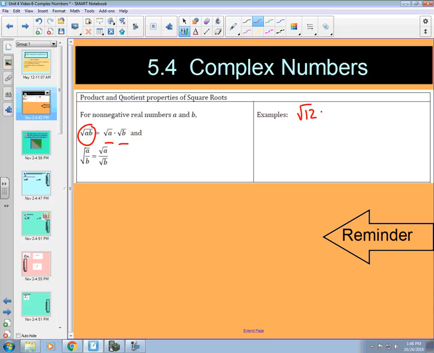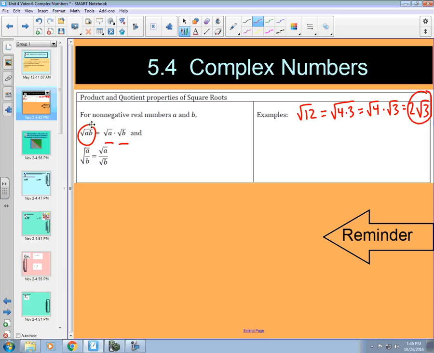Two numbers we know that multiply to be 12 are 4 times 3. So our property says that is the same as square root of 4 times square root of 3. Now, square root of 3 doesn't simplify nice, but square root of 4 does. We know square root of 4 is equal to 2. And so another way of writing square root of 12 is 2 square roots of 3.